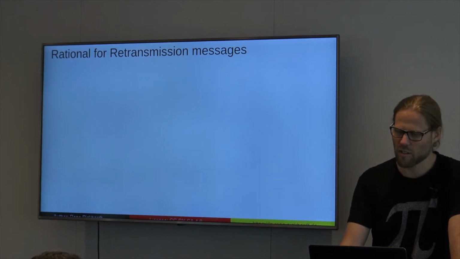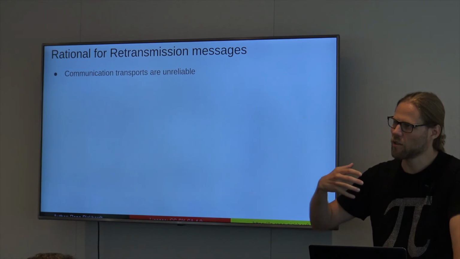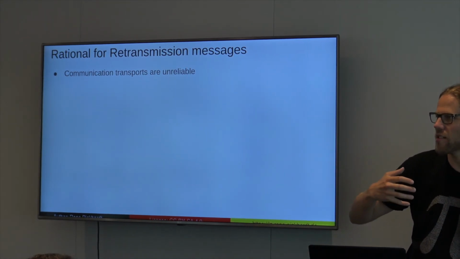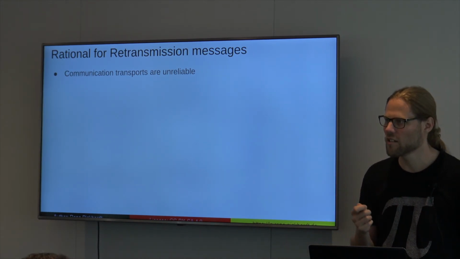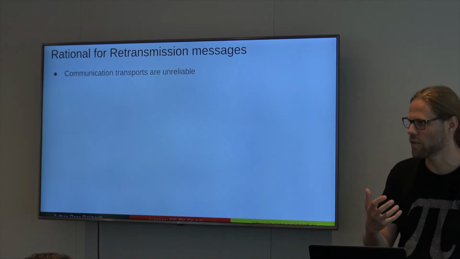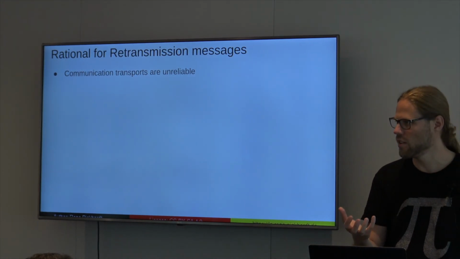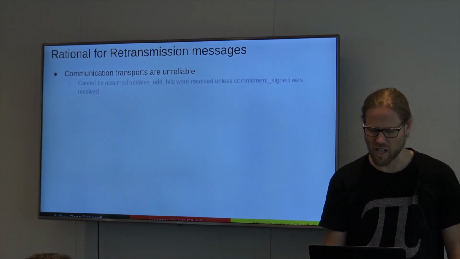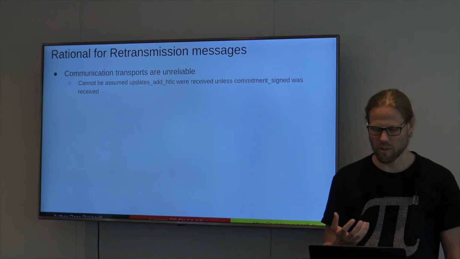There might be a rationale for retransmission of messages, because the communication transport is unreliable, right? So the Noise protocol is on top of TCP, and I could disconnect or a node could shut down, right? So we don't know that all messages, once I send them, have really arrived or been replied to. So at some point in time, I might have to retransmit messages.